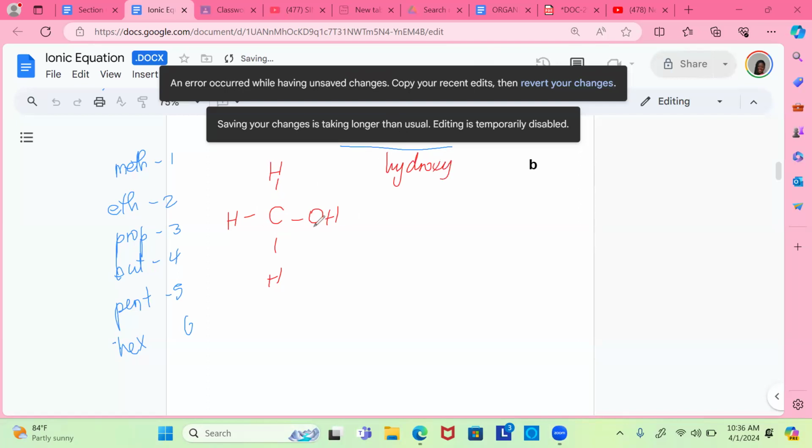So this carbon has an OH, so it's hydroxyl. Hydroxyl belongs to which homologous series? Alkanol. How many carbons are in this alkanol? 1. So we're going to replace alk with meth. So it's methanol. Clear?